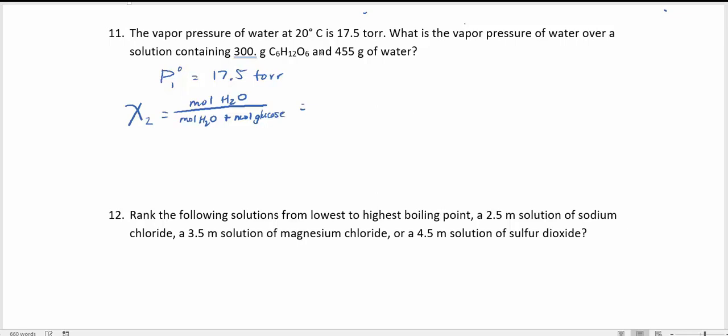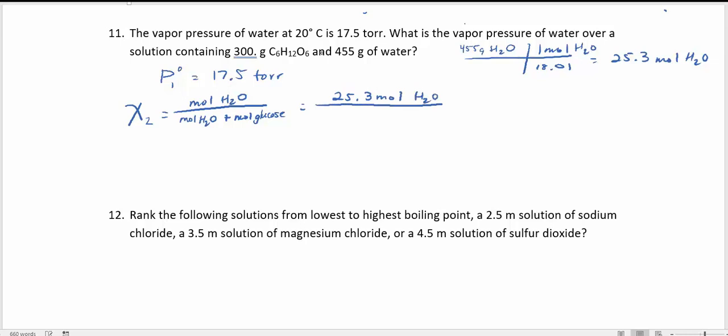To calculate the moles of water, we take our 455 grams and use the formula mass in order to calculate our moles of water. And I get 25.3 moles of water. So that number goes here, and that number goes here.